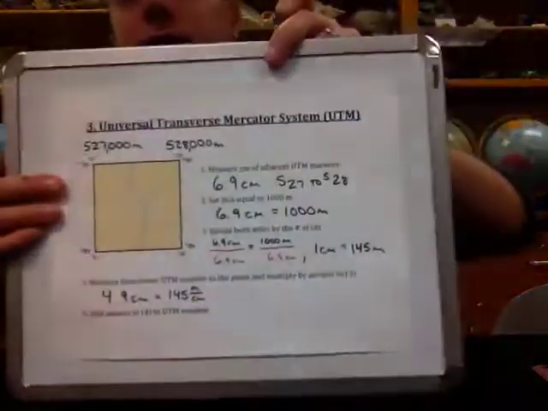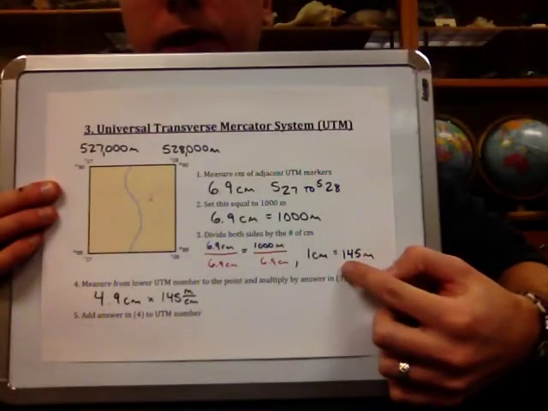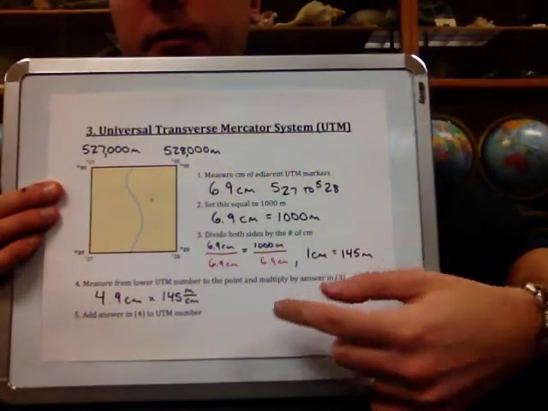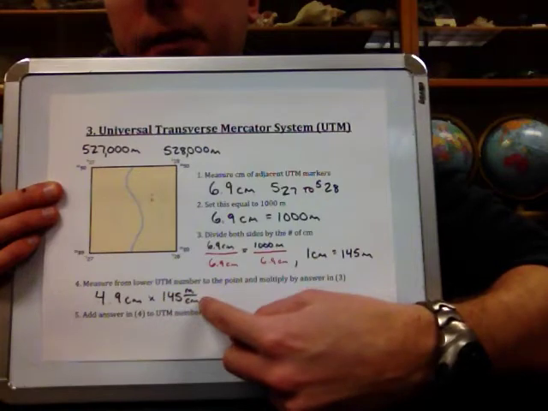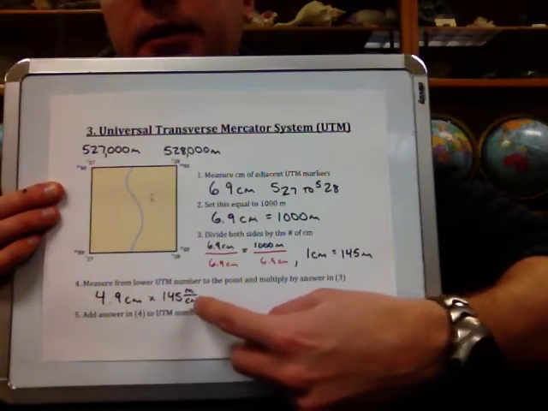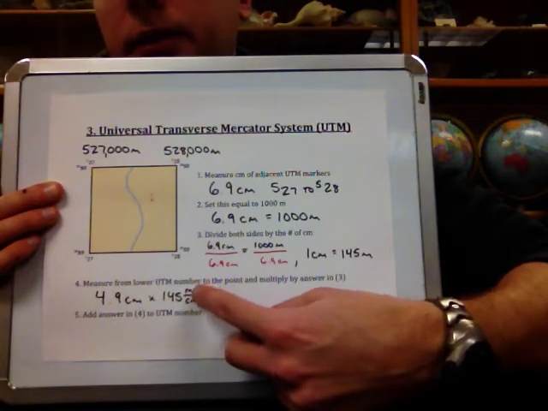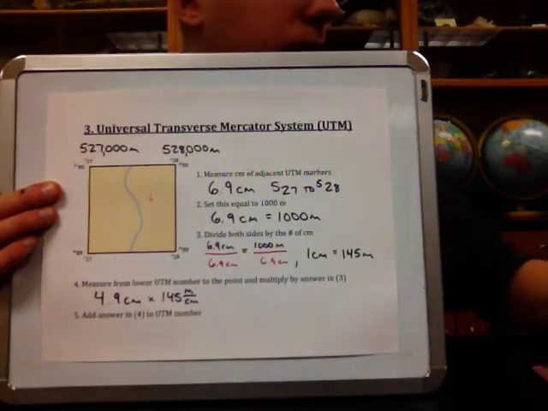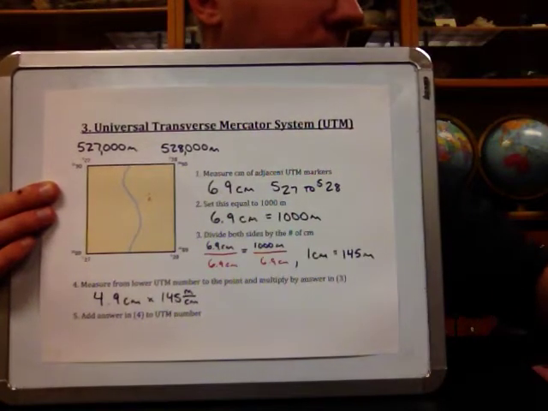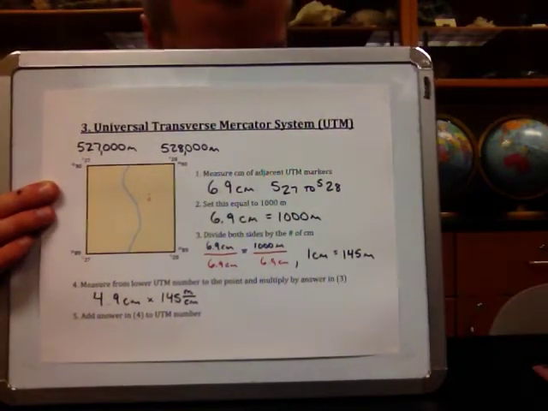Now we say meters per centimeter because the way it's written here, 145 meters is equal to 1 centimeter, so 145 meters per centimeter. That's going to cancel out the centimeter unit and leave us just with meters. So we'll go ahead and do the multiplication for that.